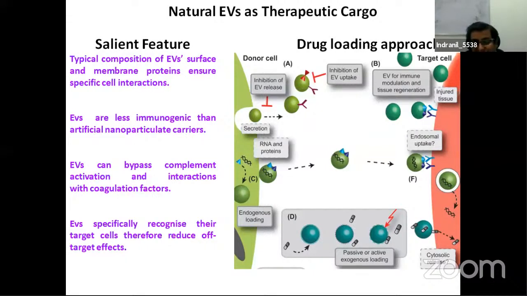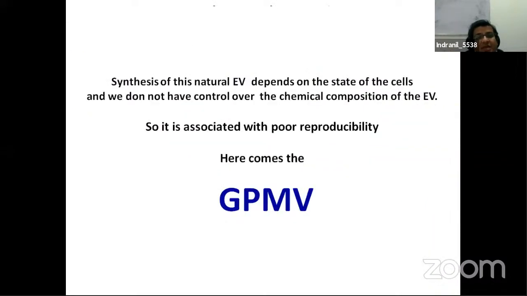That kind of variation is always associated with these naturally derived particles from the cells, because we are not in a position to engineer the synthesis. So the question is, is it a true bottleneck, or do we have any other options to play with? So here comes the next set.